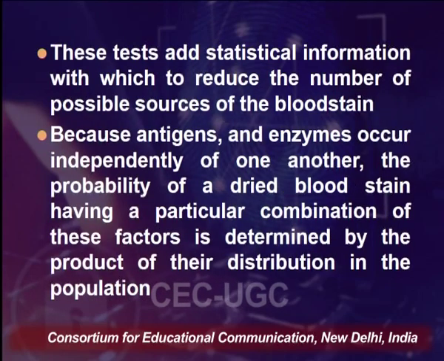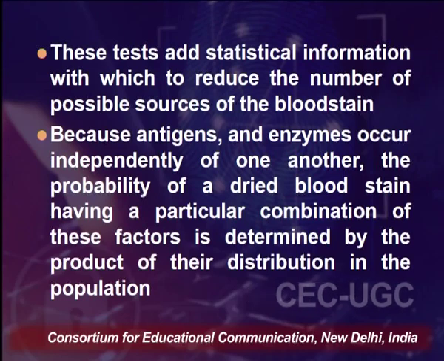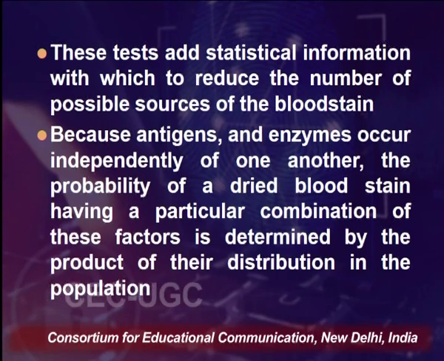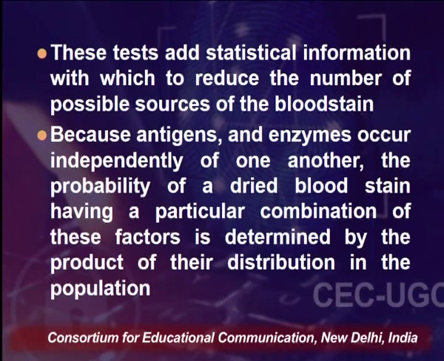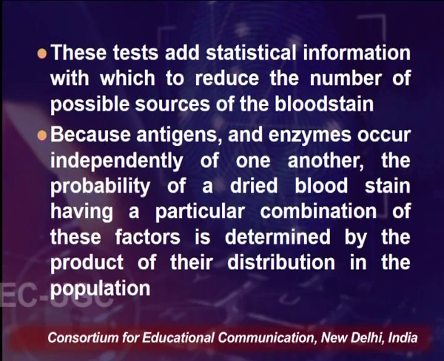These tests add statistical information with which to reduce the number of possible sources of the blood stains. Because antigens and enzymes occur independently of one another, the probability of a dried blood stain having a particular combination of these factors is determined by the product of their distribution in the population. So, can the blood be associated with a particular individual?